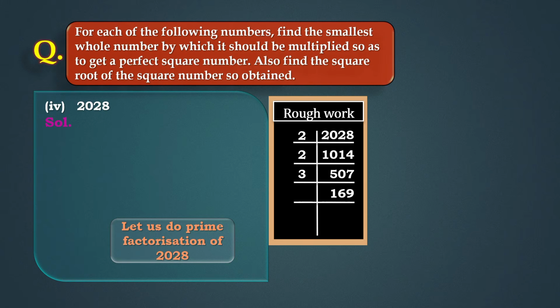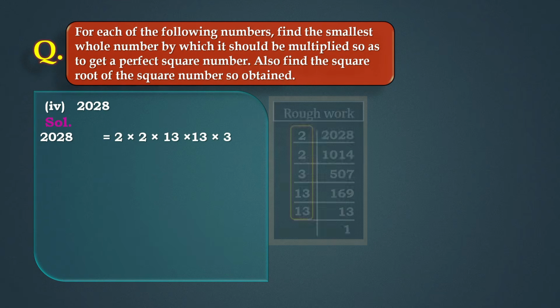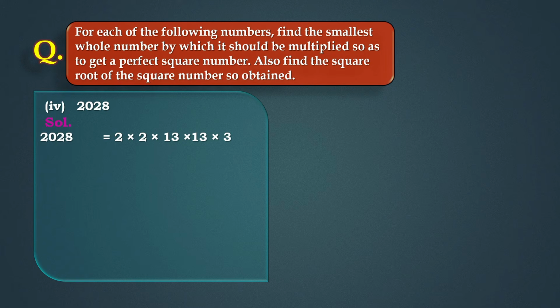Now, 169 is divisible by 13. 169 divided by 13 gives 13. 13 divided by 13 gives 1. So, we can write 2028 as 2 multiplied by 2, multiplied by 3, multiplied by 13, multiplied by 13.